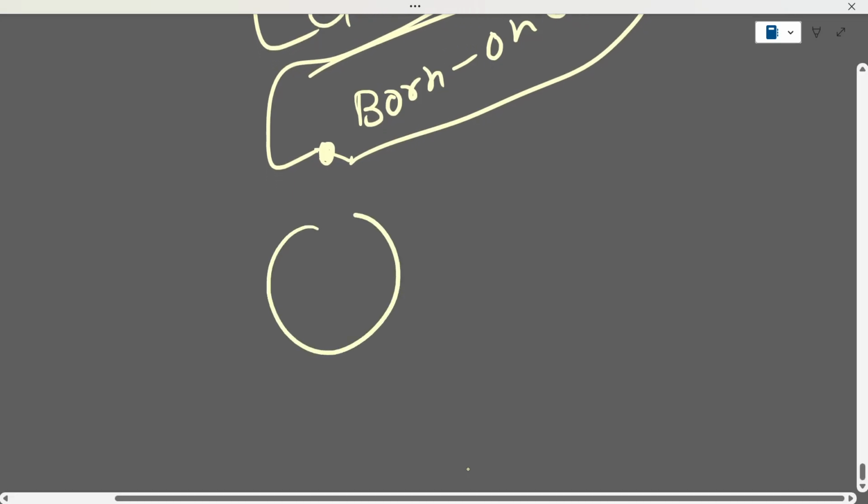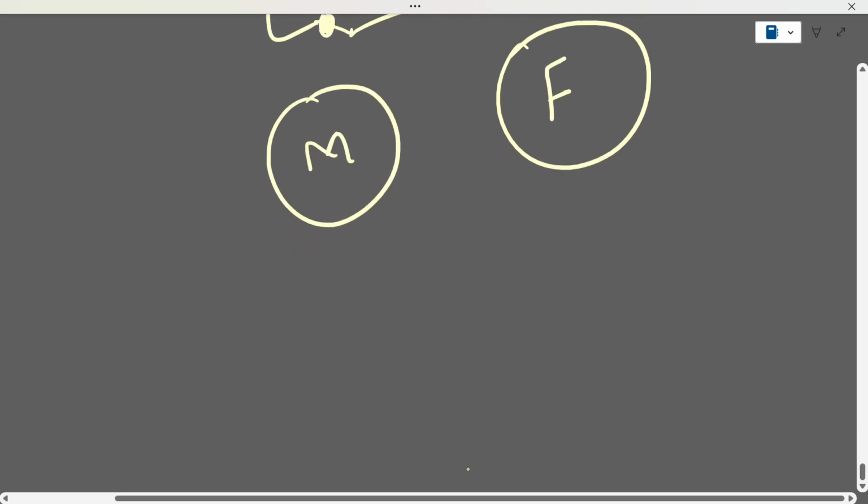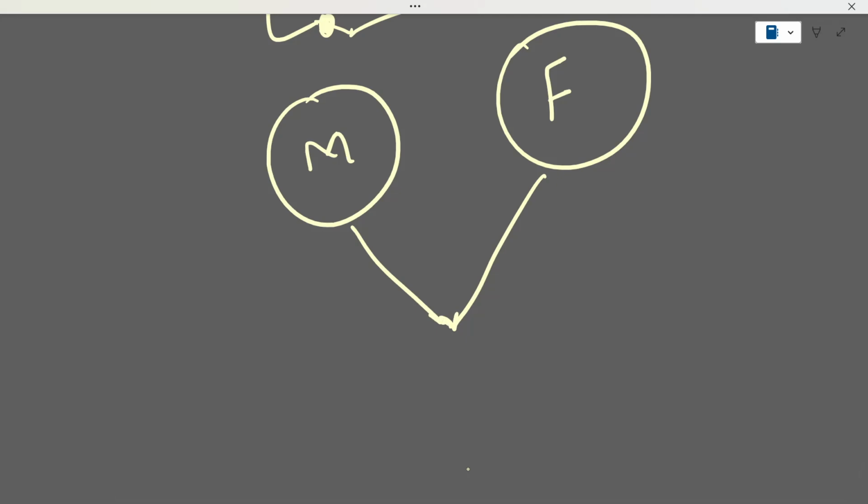But one thing is clear: they can only inherit what is already inherited from both your parents. It's not that they can inherit a particular trait which does not exist in one of your parents.